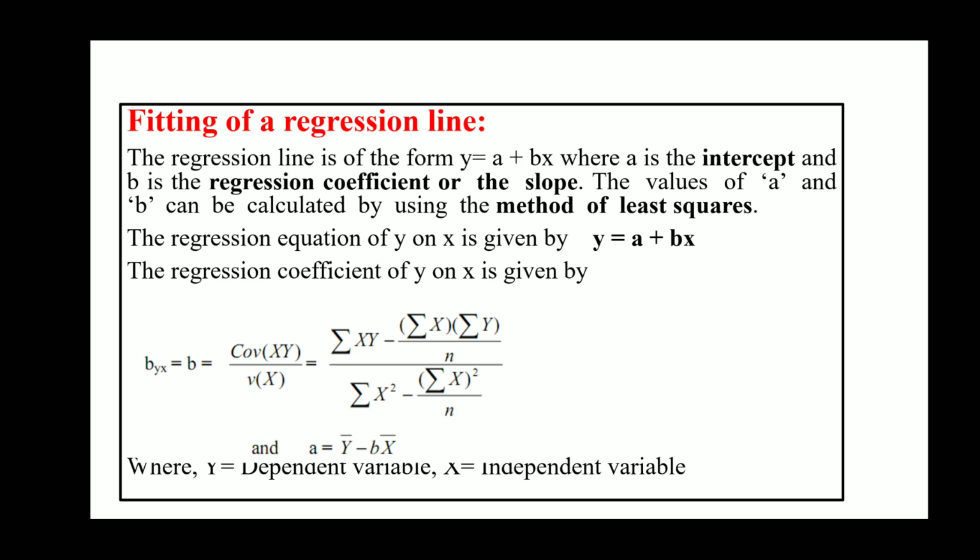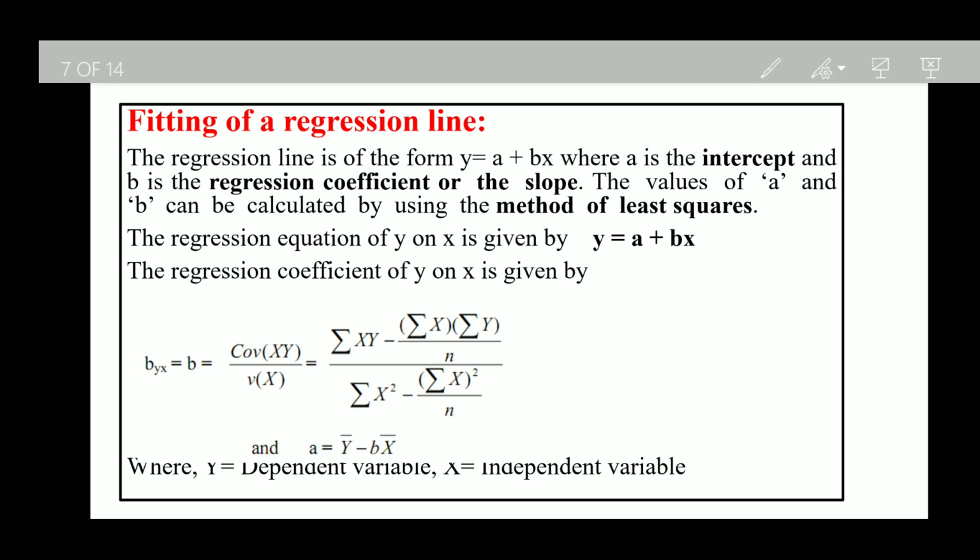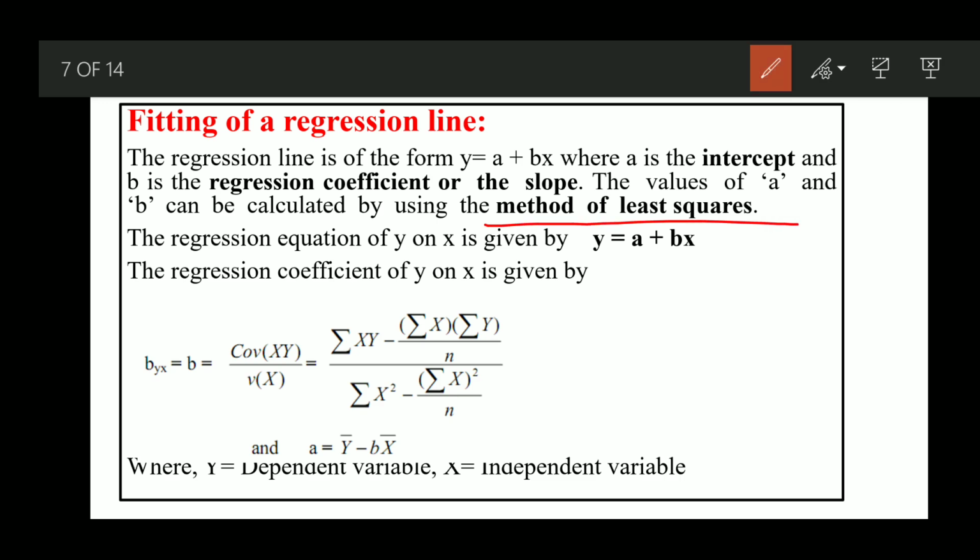Fitting a line is nothing but drawing a line that comes as close as possible to the real points. There are many methods, but the most common method of fitting a line to a scatter diagram is the least square method. This is the most important method.